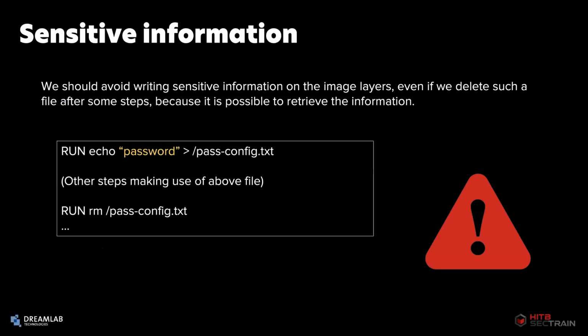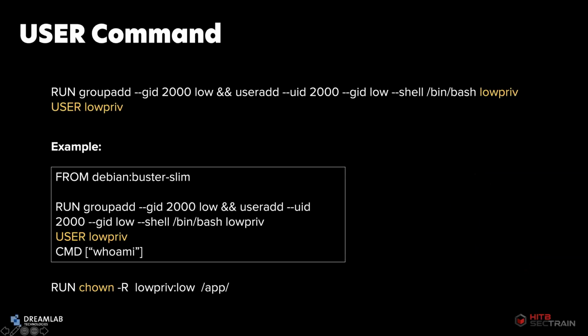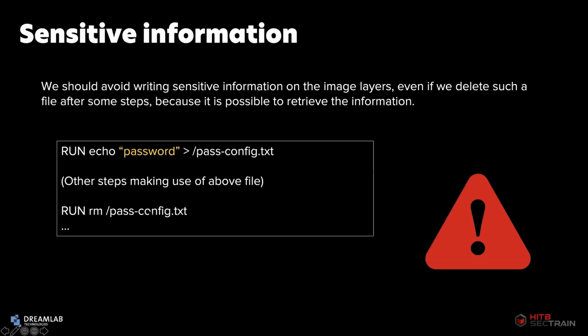Sensitive information. Of course, we should avoid writing sensitive information on the image layers. This is pretty obvious, but of course, so many people still do it. But something interesting that I would like to talk about here is what happens if we write something sensitive, like a password here, but then we remove it. Is it still dangerous? Well, the answer is yes, because we can recover the password.